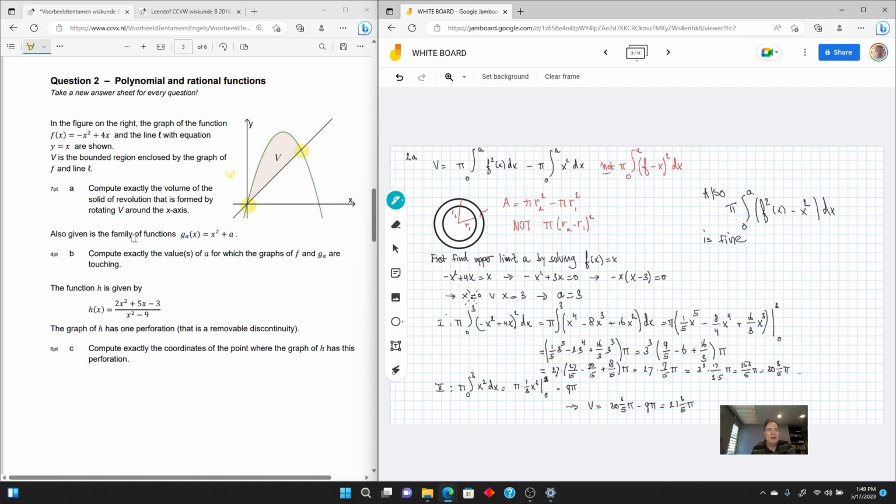I've so far only seen questions where they ask these kind of things for rotation around the x-axis. If they ask about rotation around the y-axis, what you need to do is actually find the inverse of the function. You need to express, instead of expressing y in terms of x, x in terms of y.